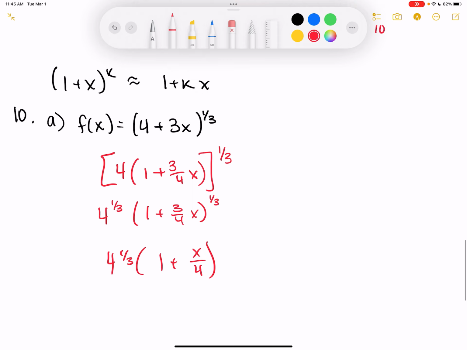That's their final answer. But that doesn't make sense, because on page 239 there are examples just like these.